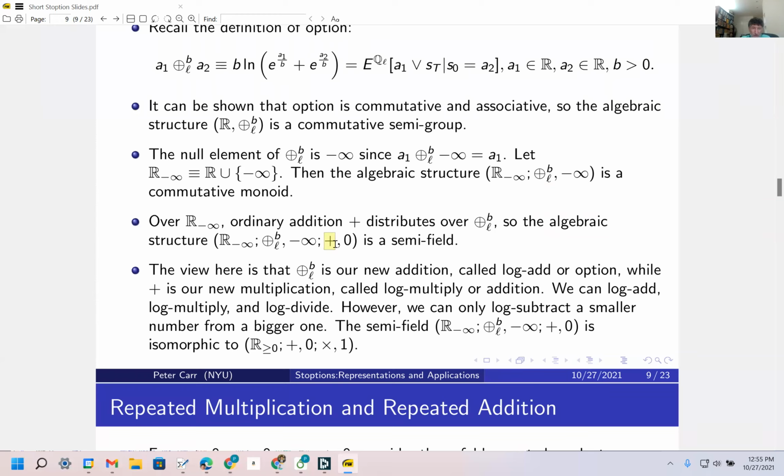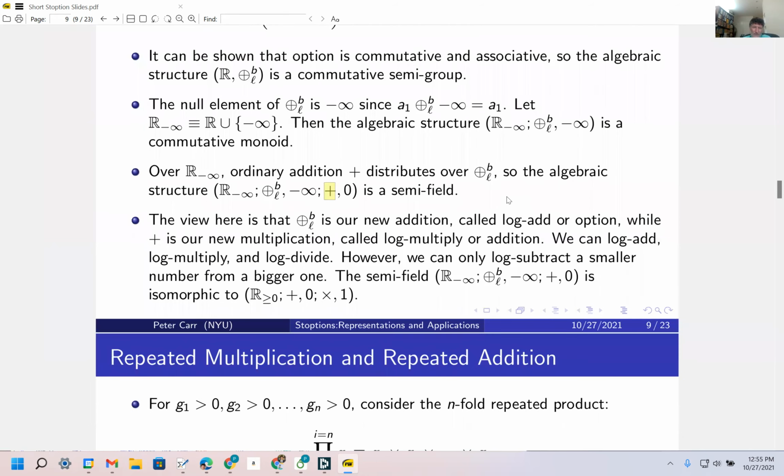And believe it or not, this algebraic structure, which is called a semifield, is isomorphic to a very familiar algebraic structure to people in finance. That's on the next bullet point, which I want to go through carefully.